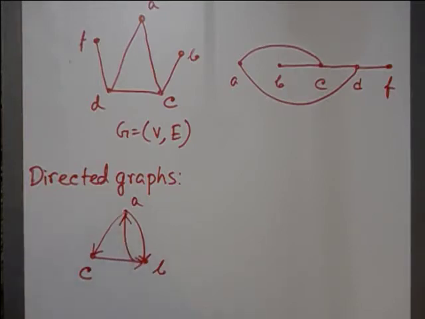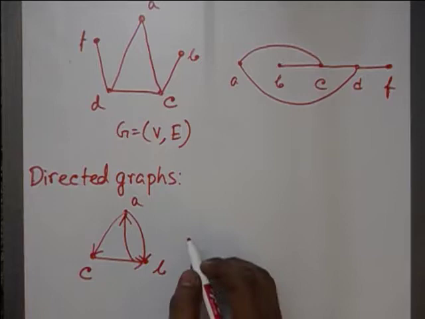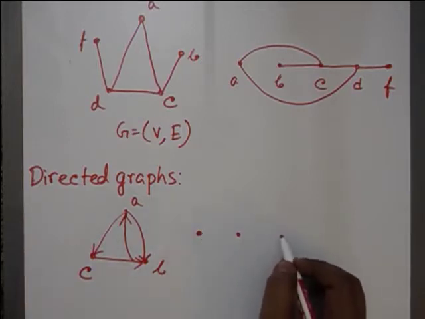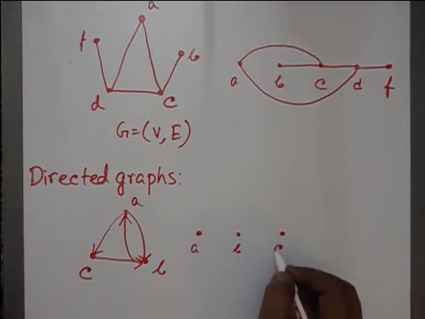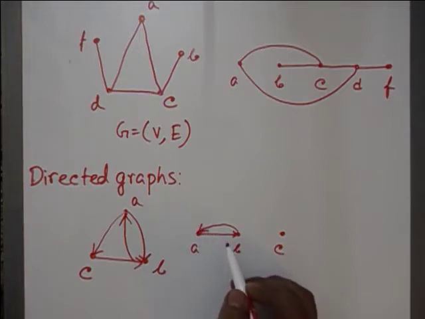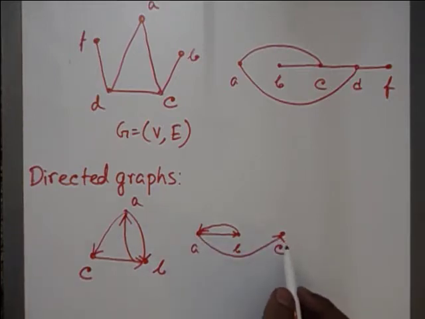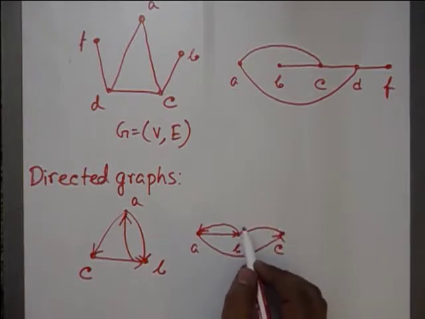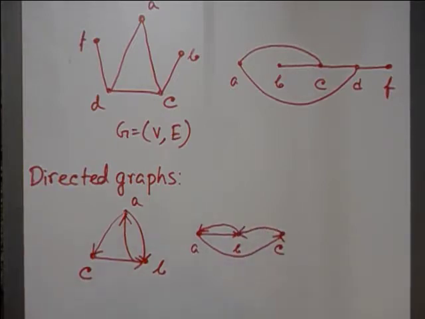Okay, so these are our 4 edges in this directed graph. Again, you can draw it differently, like so: A, B, C, A to B, B to... A to C, and C to B. Again, where you want to position the vertices is your choice, and how you want to draw the edges is your choice.